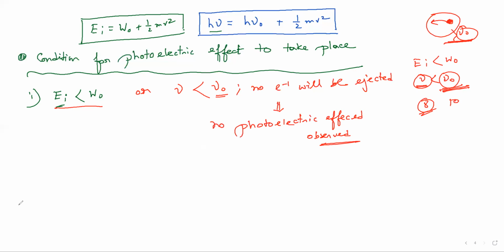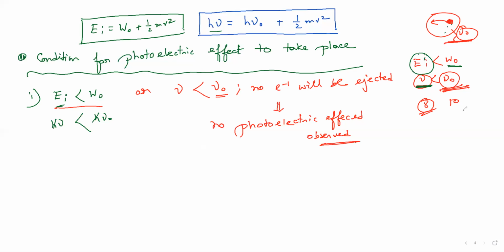If EI, meaning the energy of the incident ray, is less than W naught, that means we can say E equals H nu, and this one we can write as H nu naught. Now H and H are both the same. So can I say this nu value is less than nu naught? What is nu naught?